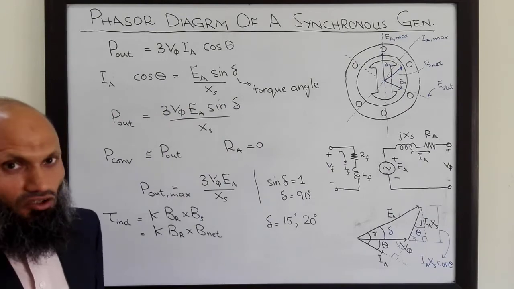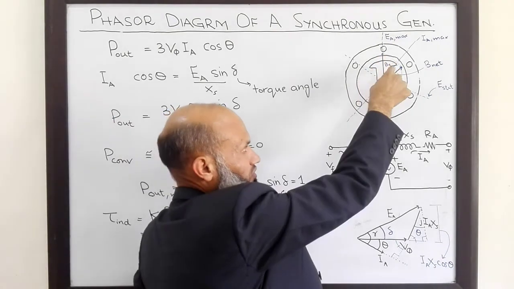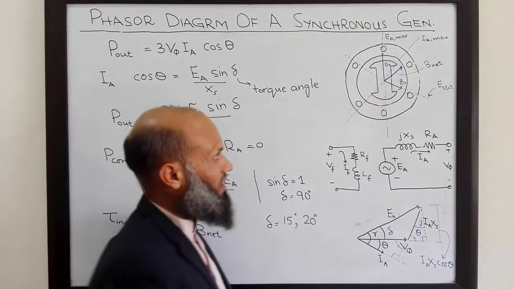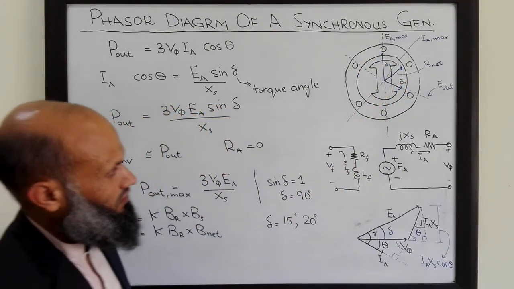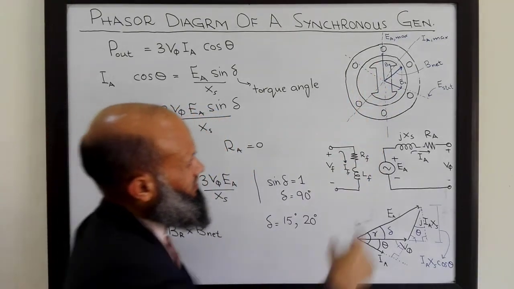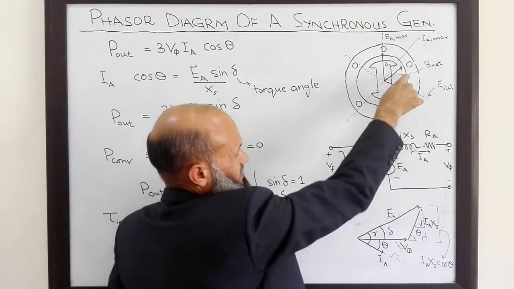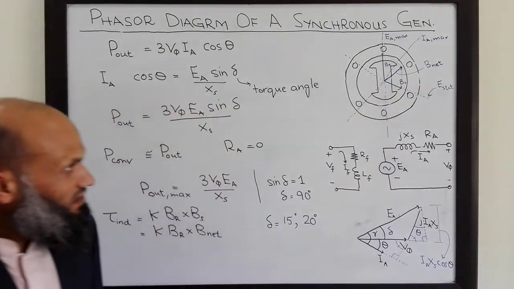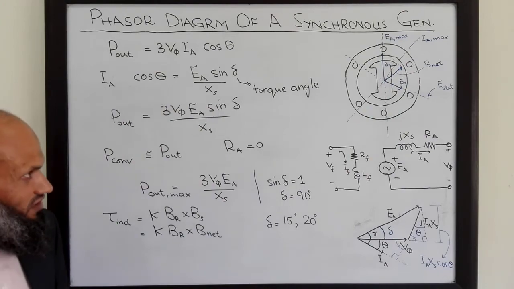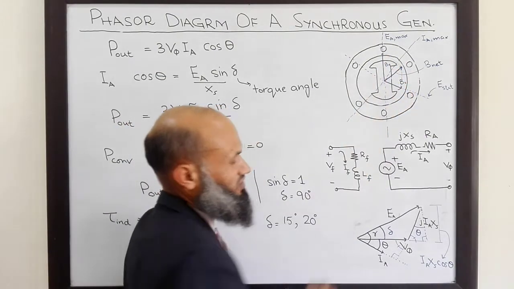And if no load is connected to the generator, there is only one magnetic field, that is BR. However, when load is connected to the generator and current flows, there is another magnetic field due to current in these coils, denoted by BS, and the phasor sum of the two magnetic fields BS and BR is B net.